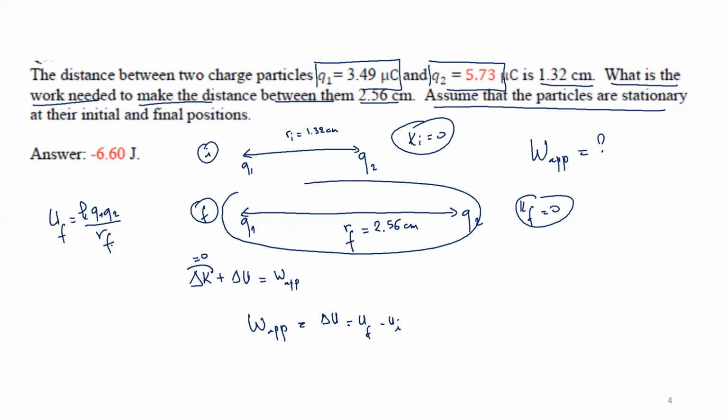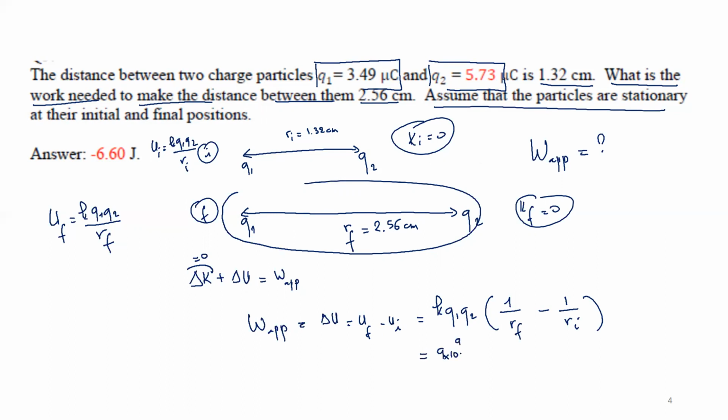And U initial would be just K Q1 Q2 divided by R initial. So U final minus U initial would be just K Q1 Q2 times 1 divided by R final minus 1 divided by R initial. So this is my work applied. Let's calculate it now.